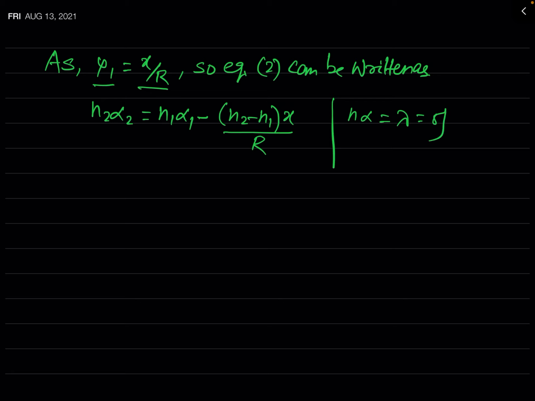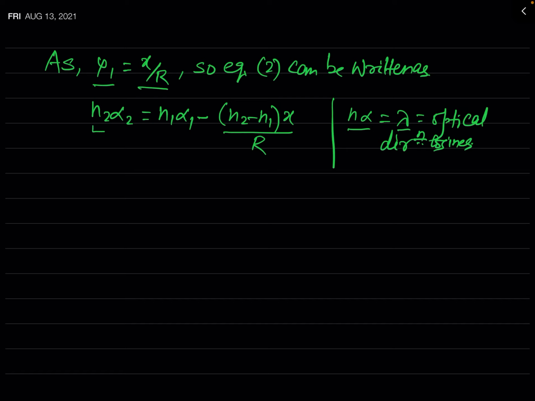You have already seen this expression in the previous lecture, so I am not going to explain it because I have explained this optical direction cosine in detail there. So the product of n and alpha is written as lambda, called optical direction cosine.